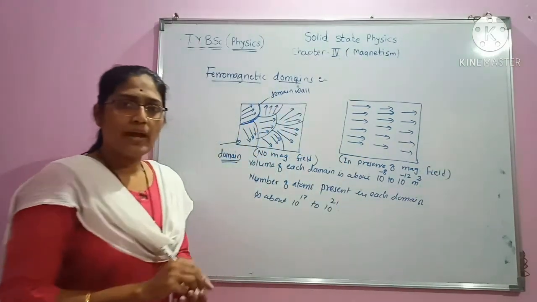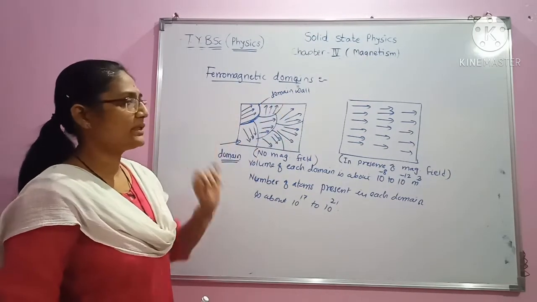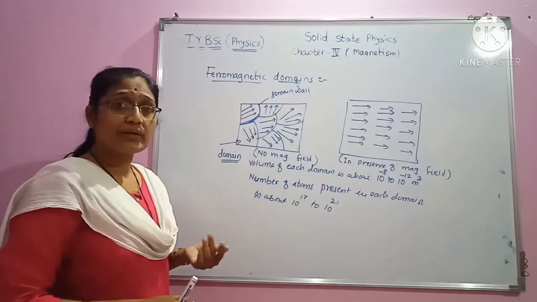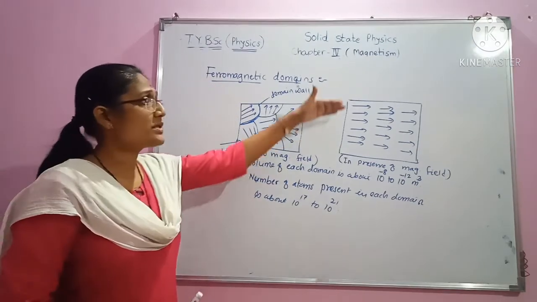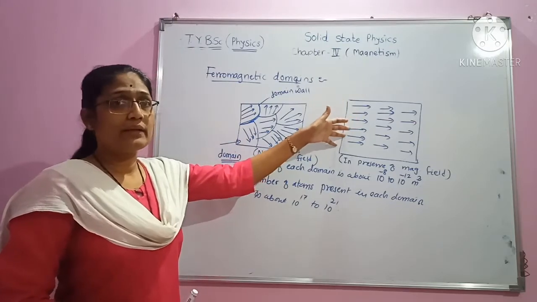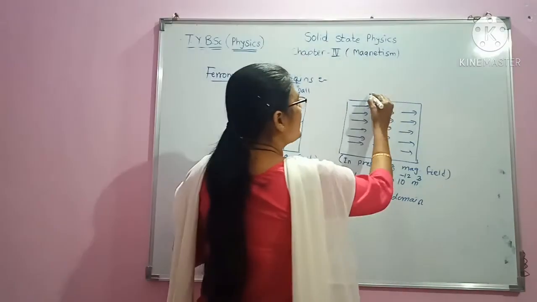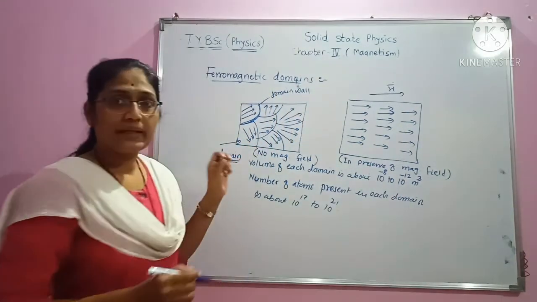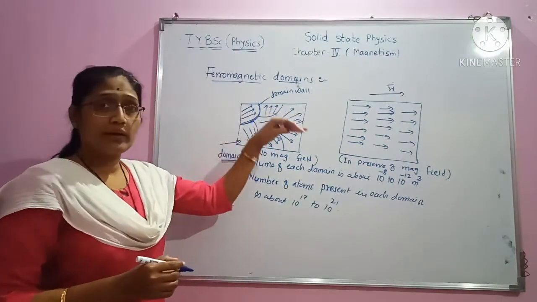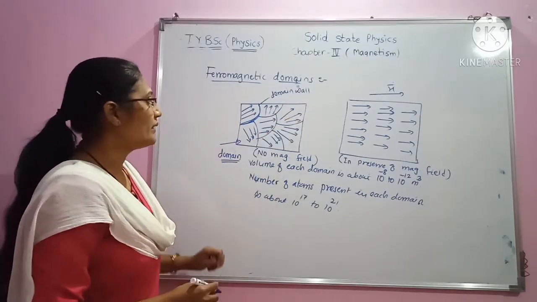So, in the absence of an external magnetic field, the picture will be like this, and in the presence of an external magnetic field, the magnetic dipole moments will try to align themselves in the direction of the applied field.